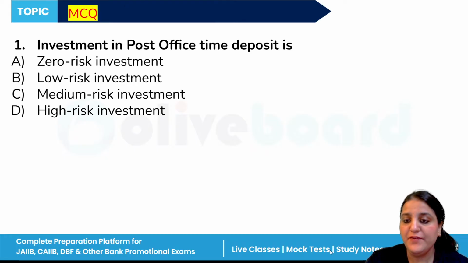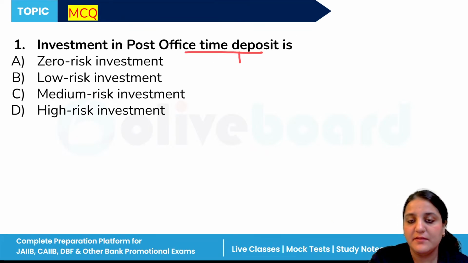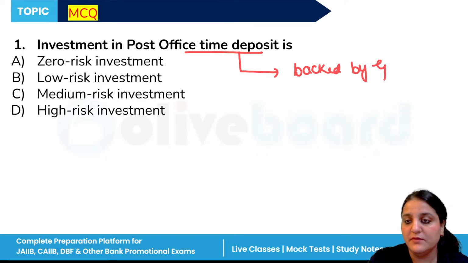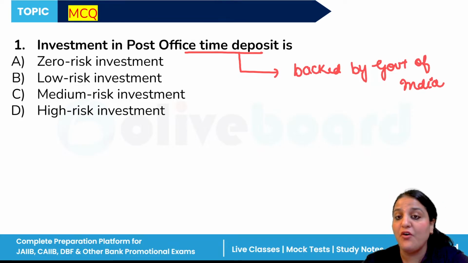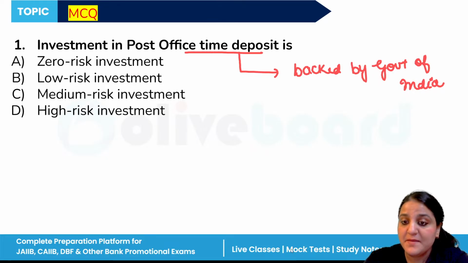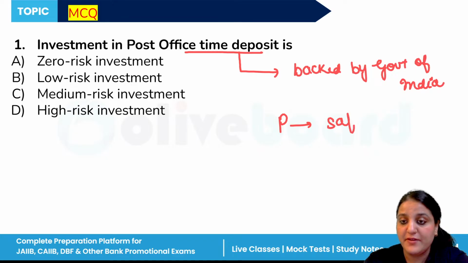See, if we talk about post office time deposit, this is backed by the Government of India, right? So when the Government of India is there, that means the principal amount is safe as well as the interest is guaranteed.